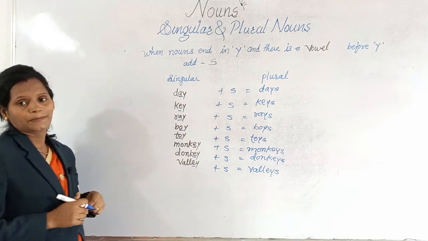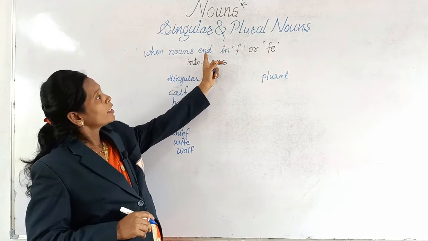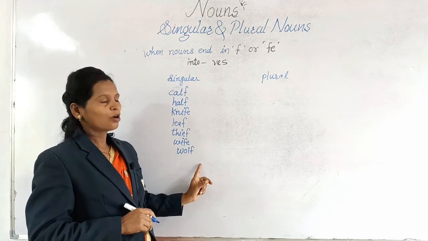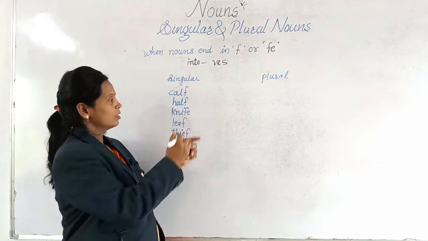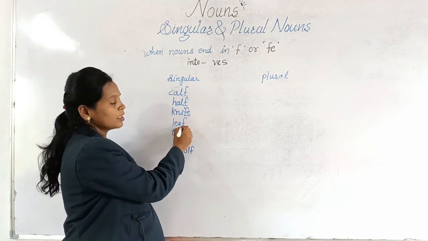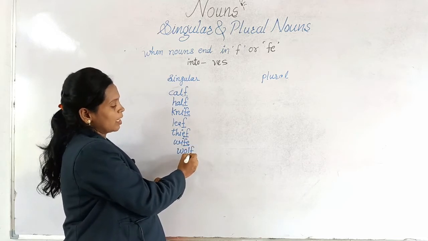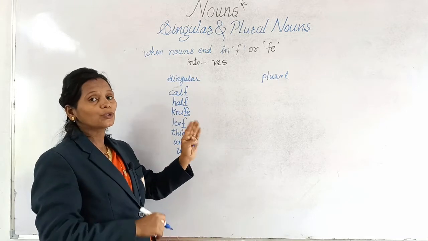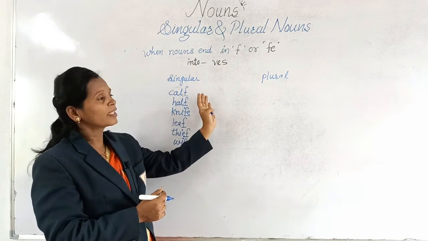Okay, let's see. When nouns end in F or FE, look at all these examples of singular nouns. In the end of the word there is F, then FE, then F again. At the end of F or FE, we have to change F or FE into VES and make them plural.